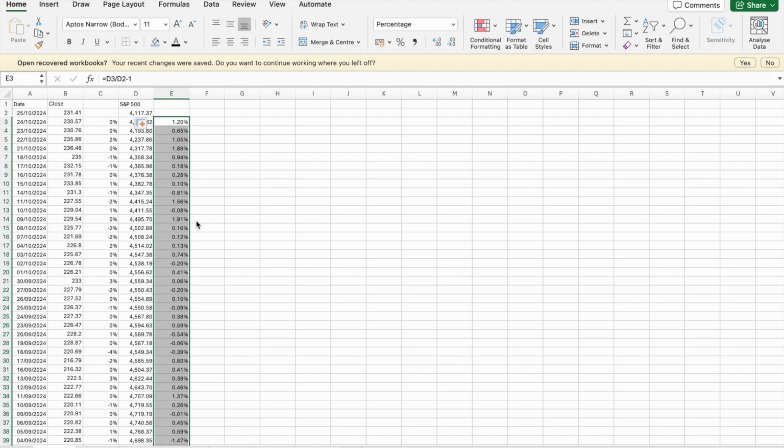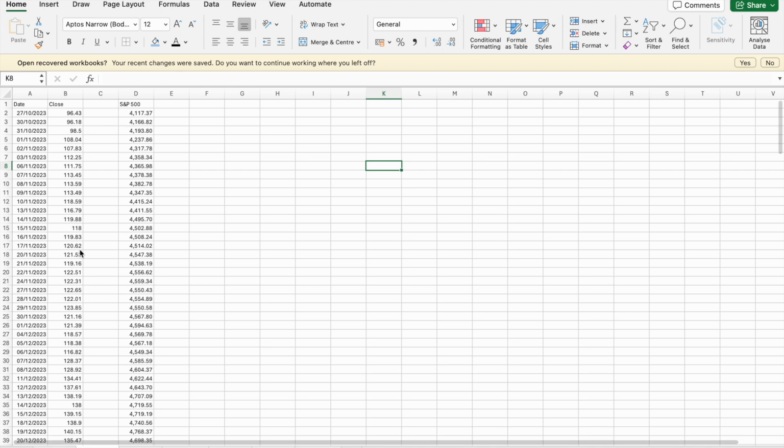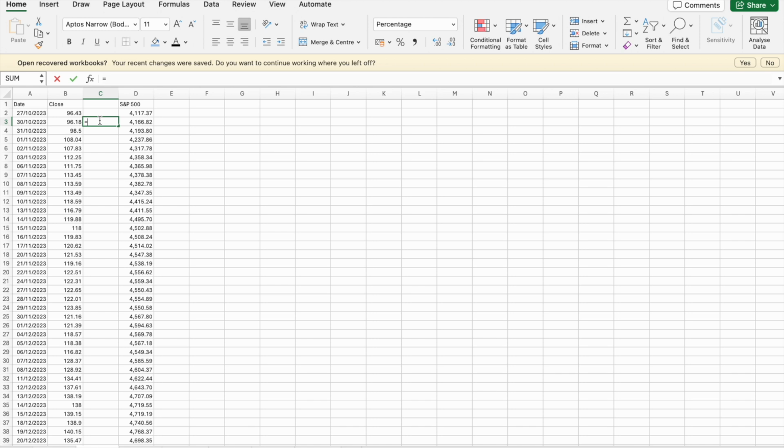Just double click it, and then we got the return for the S&P 500 here. So you can see the daily return, and we are going to do the same thing for all the cells, all the sheets.